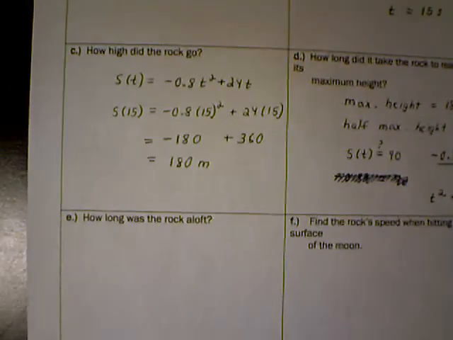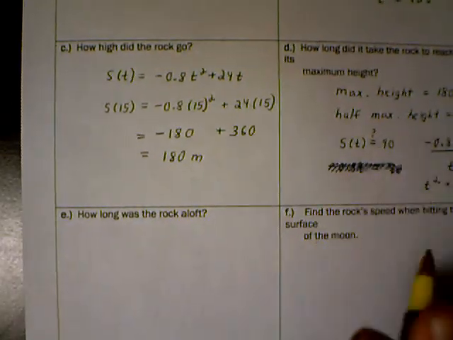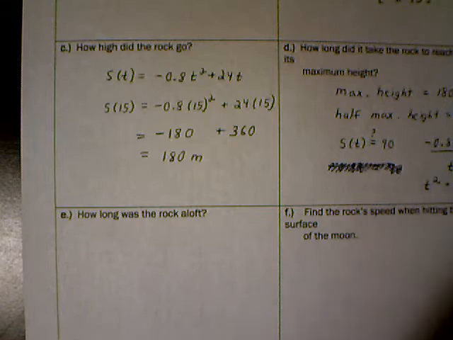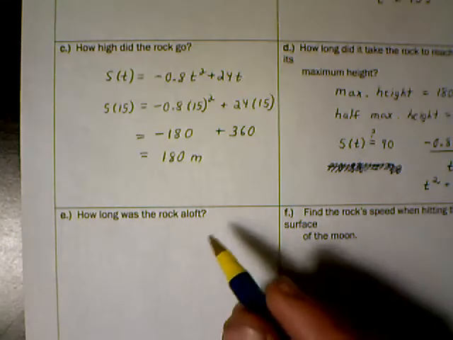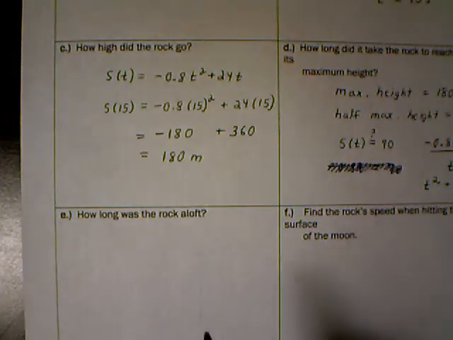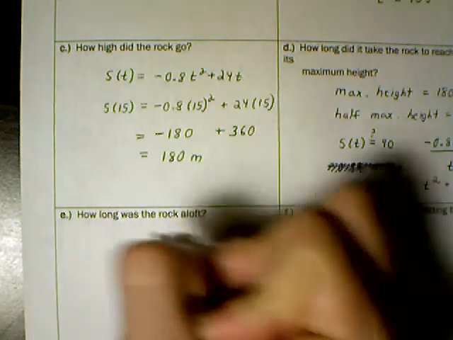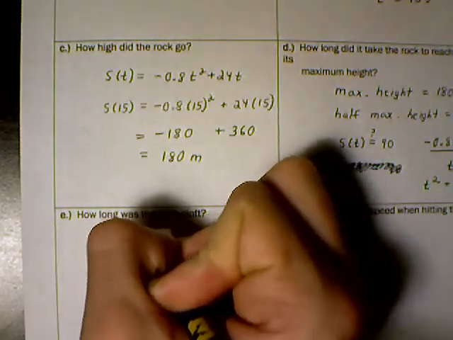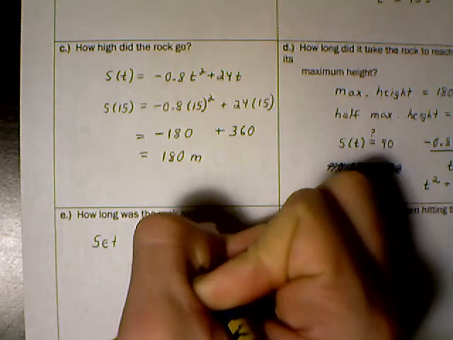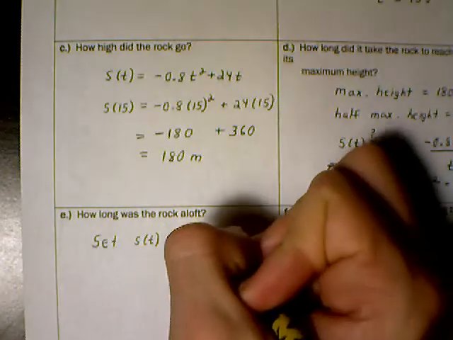Now, how long was the rock aloft? So aloft, how long was it in the air? This means I need to check when my position was 0. So I'm going to take s of t and set it equal to 0, and solve.